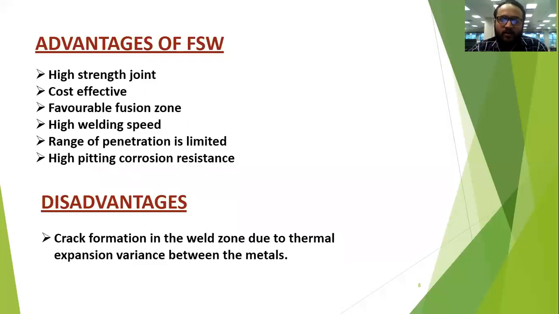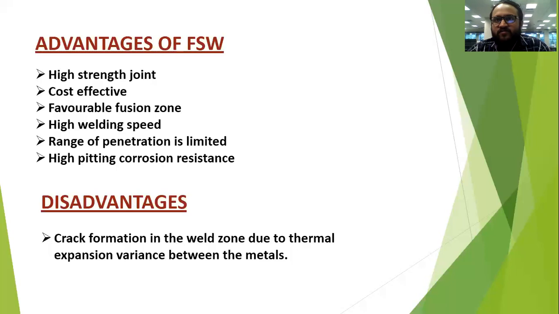So what are the advantages of friction stir welding? In my opinion, the first and most important advantage of friction stir welding is cost effectiveness. Other advantages are high strength metal joint, high pitting corrosion resistance, favorable fusion zone, high welding speed, and a lot more.